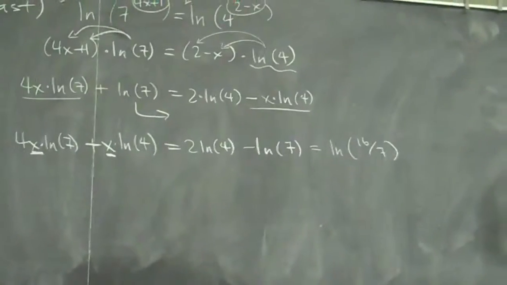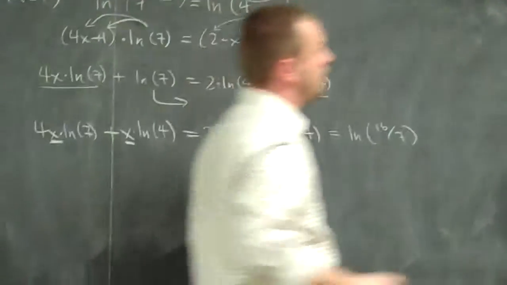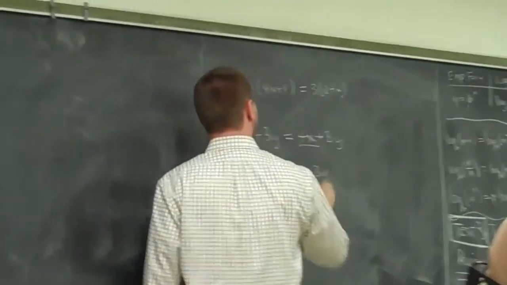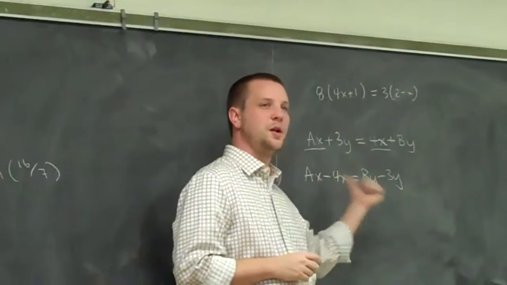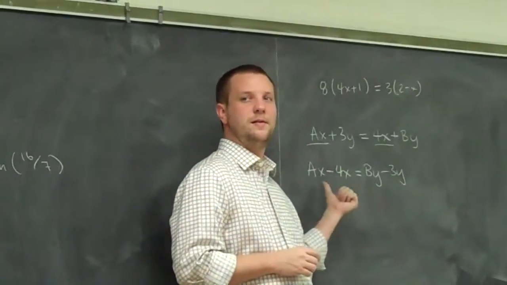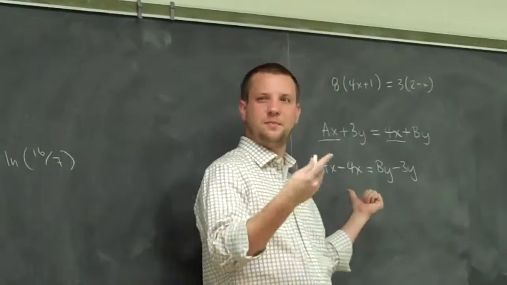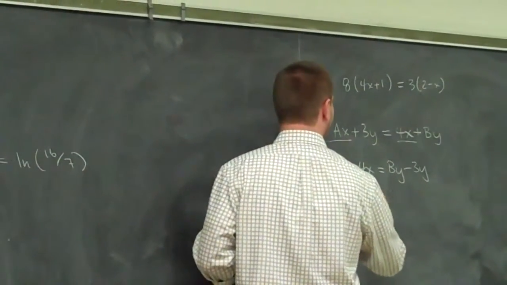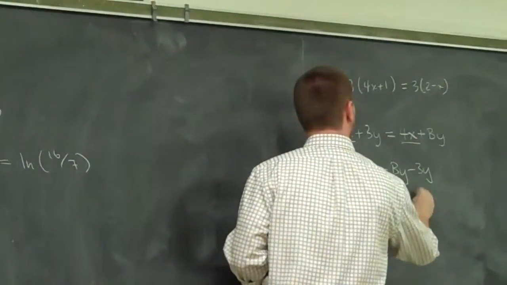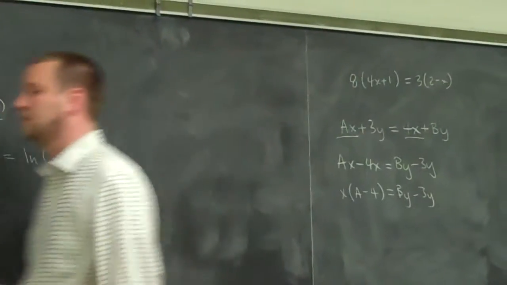Okay, so back to the left-hand side. On this problem, we had the by minus the 3y. What was the next step here to solve for x? If I couldn't combine them, what could I do? Factor it out, kind of like unmultiply, sort of divide it out. Guess what?